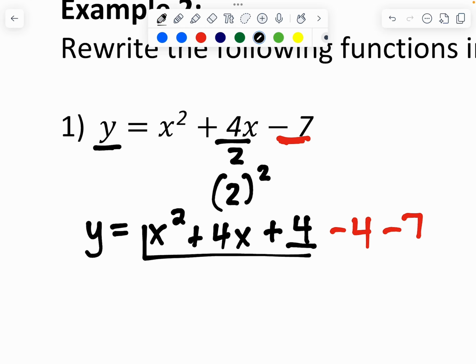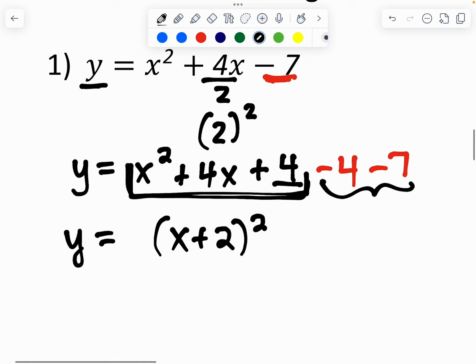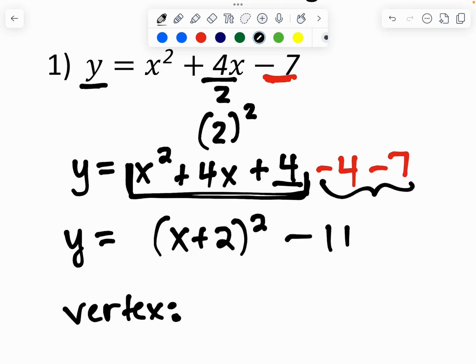Now I have this part right here. That's your perfect square trinomial. We're going to factor that, so y equals x plus 2 quantity squared, and then I'm going to add these two numbers together. I get -11. So now I have vertex form, and I can state the vertex. The vertex is opposite in the parentheses, so -2, -11.